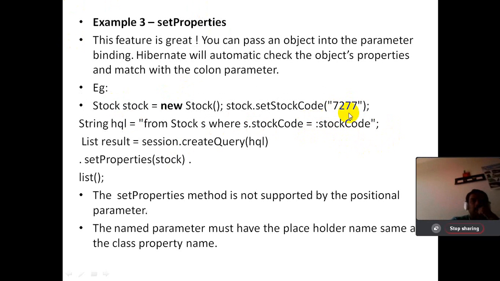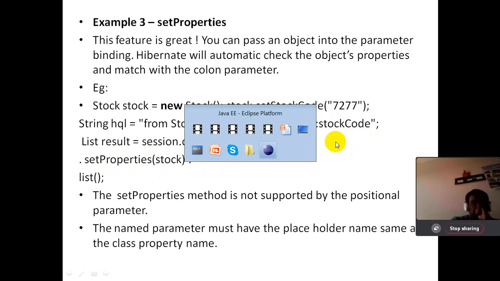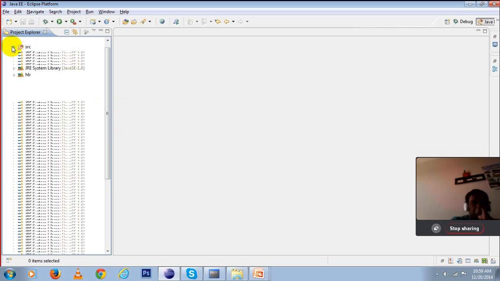In the query, the named parameter should match our class member variable name. If you want to use the setProperties method, then our named parameter in the query should match our class member variable name. Let us look at the sample code, so it will be more clear.